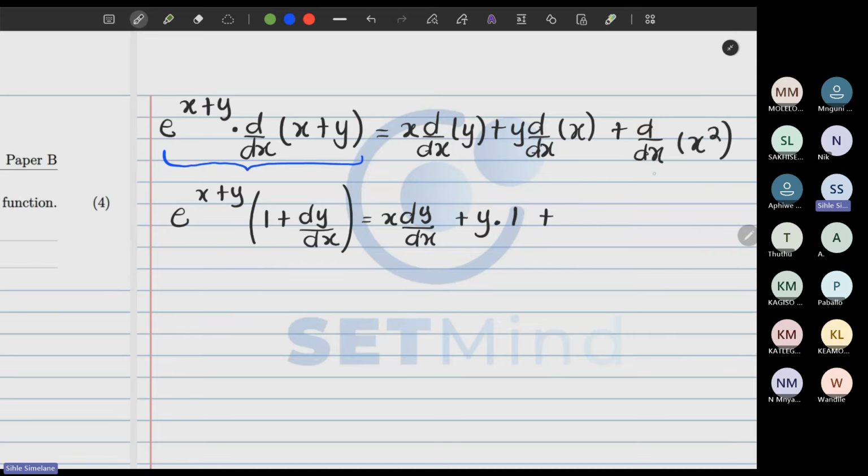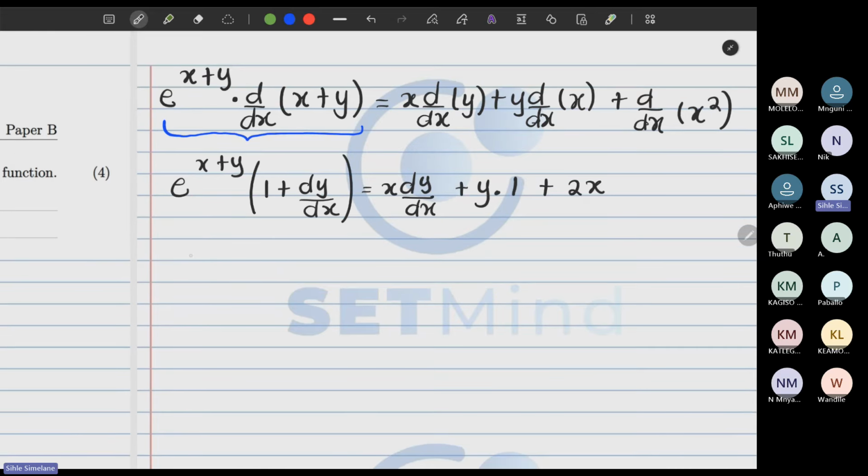Then the last part, the derivative of x squared, is 2x. So what we have now, when we multiply, is 1 plus dy dx times e to the x plus y, equal to x dy dx plus y plus 2x.